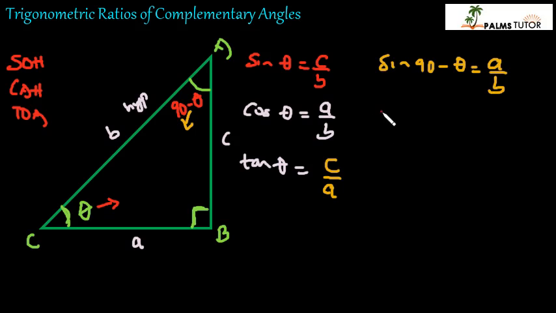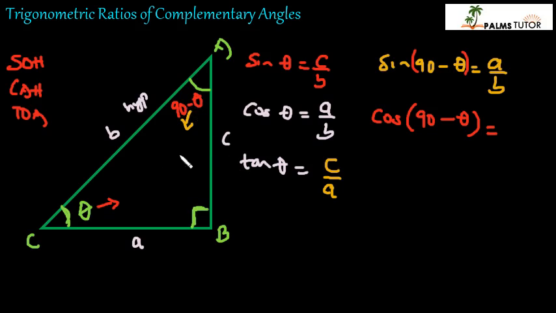Also, we have cos 90 minus theta. The adjacent side of this angle 90 minus theta is C, because A is the opposite.